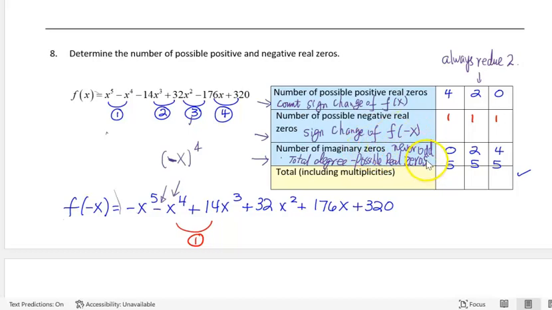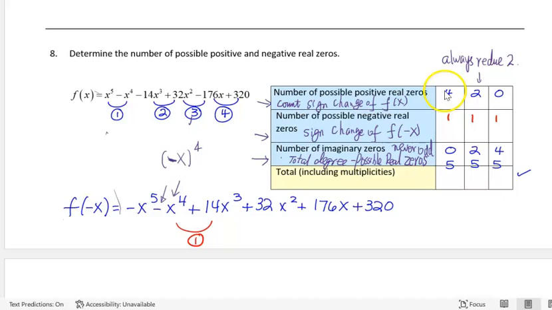In this case, my degree is 5, and if we subtract 4, it gives me 1. So it's an odd number, so it cannot be. That just tells me the imaginary zeros is 0 when the positive real number is 4.